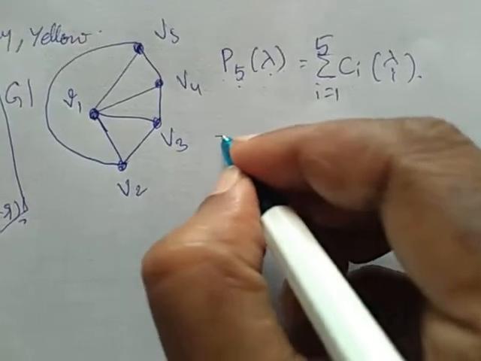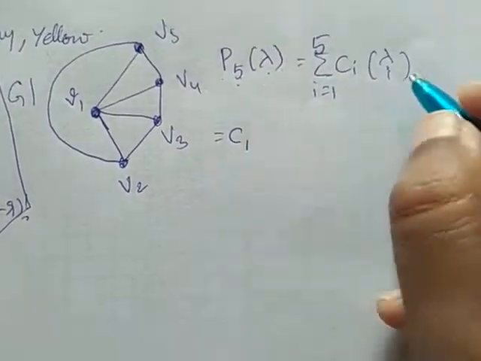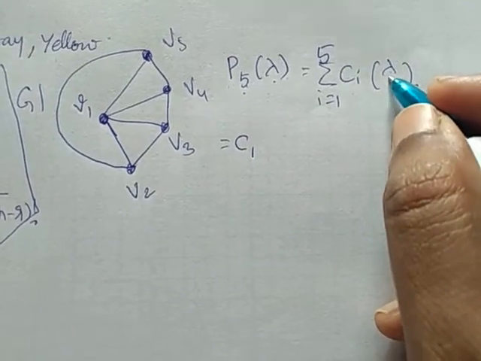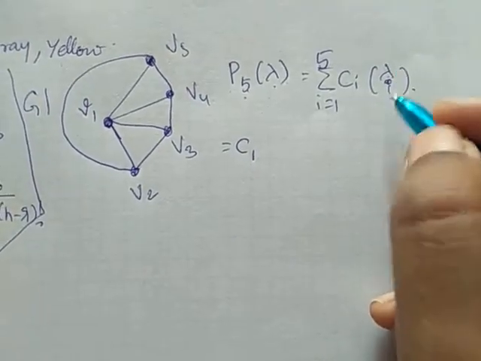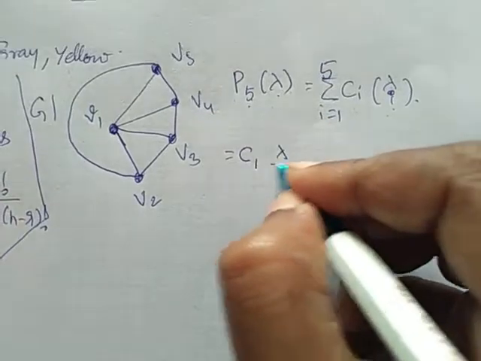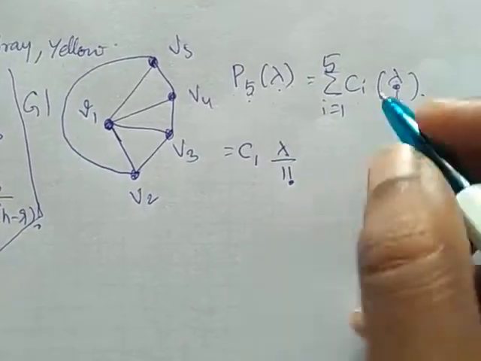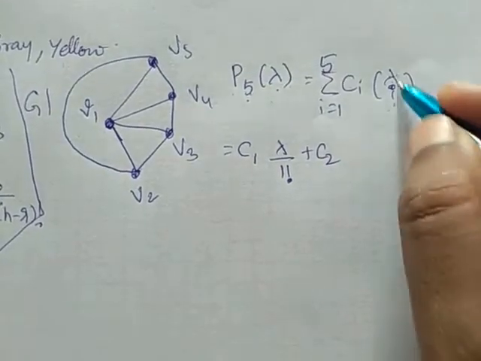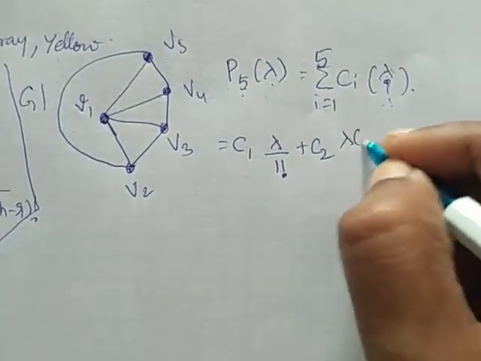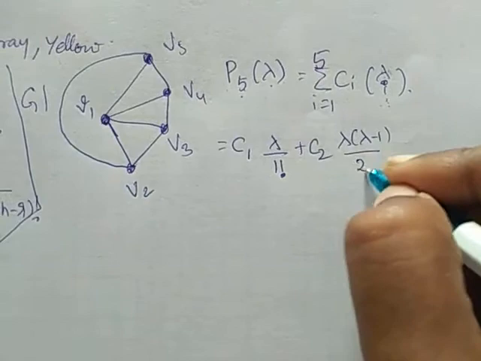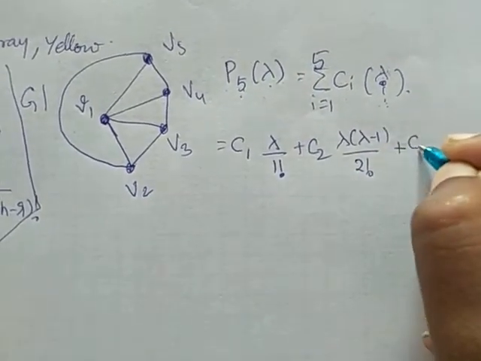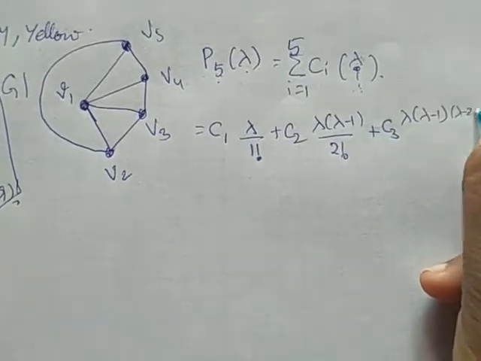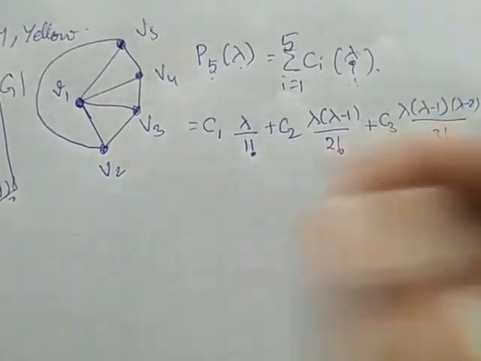So what is the formula for this? C1 times lambda by 1 factorial, plus C2 times lambda 2. What is the formula for lambda 2? Lambda into lambda minus 1 by 2 factorial. Then C3 times lambda into lambda minus 1 into lambda minus 2 by 3 factorial.